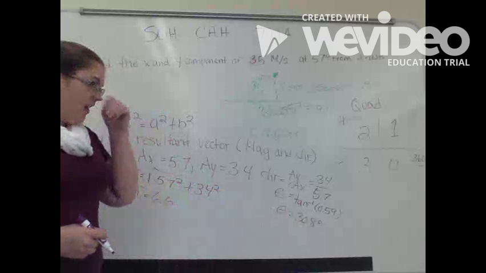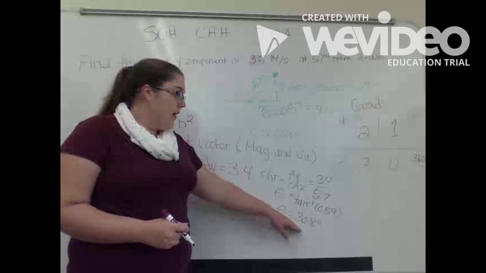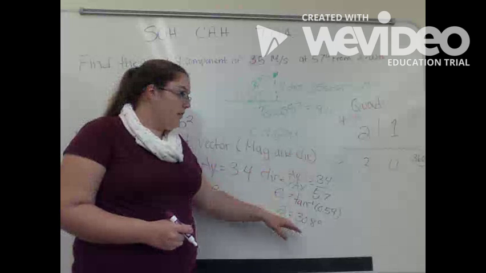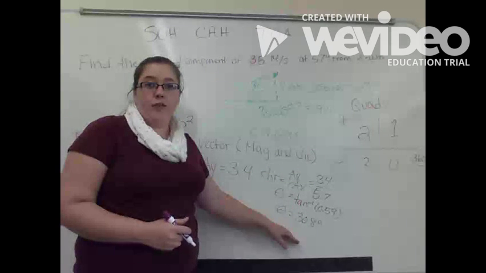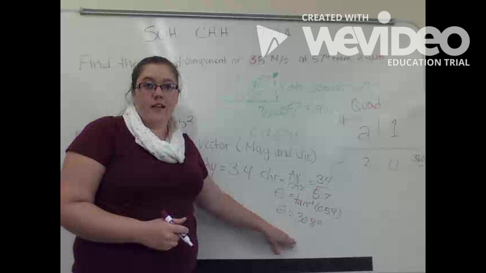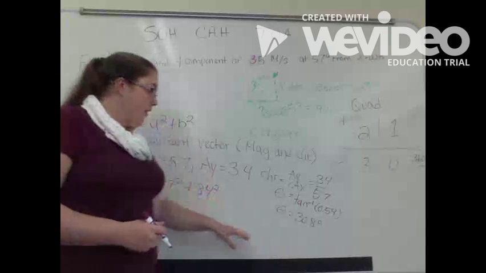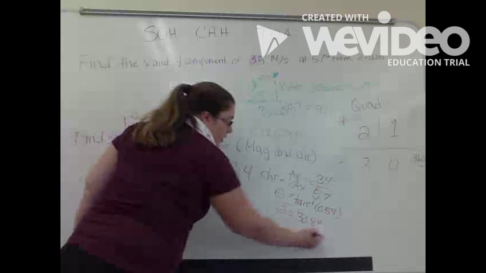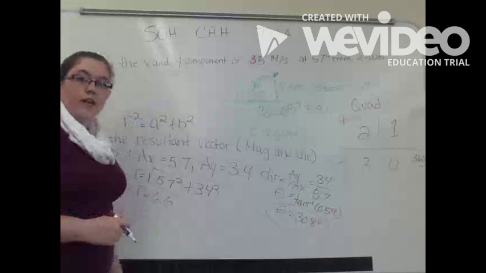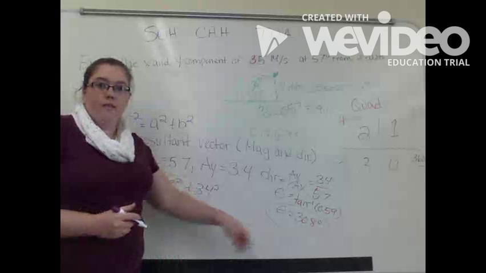Now, at this point, if this were in the third quadrant, we'd take 360 minus 30.8. Since this is in the first quadrant, we just leave it as is. And that is your answer right here. You've got 6.6 for the magnitude and 30.8 degrees for your angle.